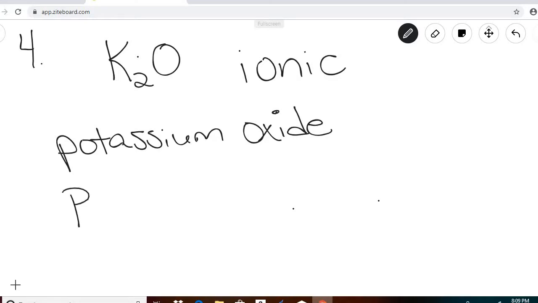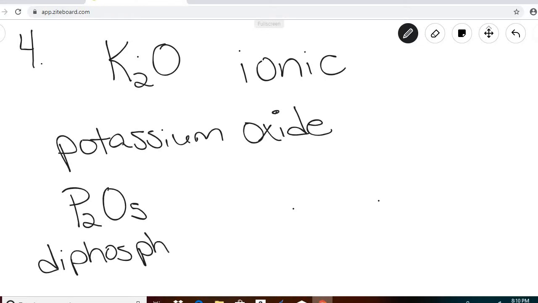Okay, next is P2O5. Okay, so this first one, we do use a prefix unless it's one. So this would be diphosphorus. And then for that 5, it's going to be penta, and then oxide.